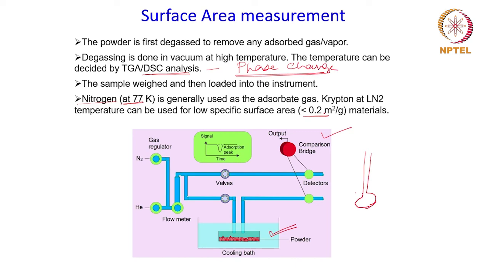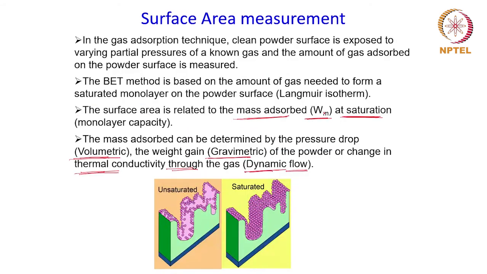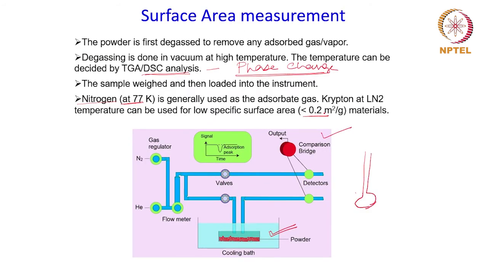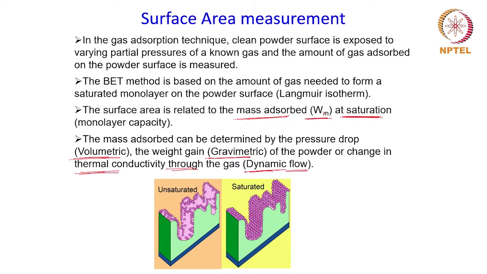And now once the Wm, or the amount adsorbed corresponding to the monolayer formation, is obtained from this measurement, the specific surface area can be obtained from this equation.